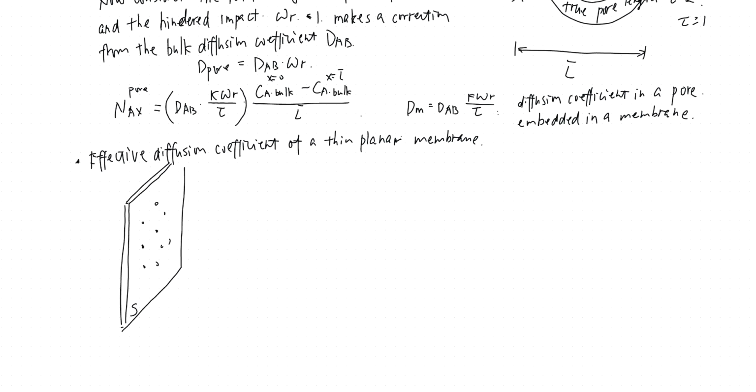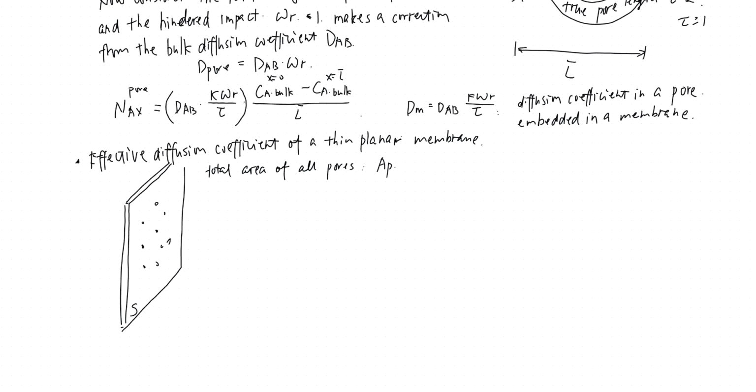The total area of all pores we call AP. This is exactly the same notation as in early lectures when we discussed the hydraulic conductance of a membrane. So we use the same notation.